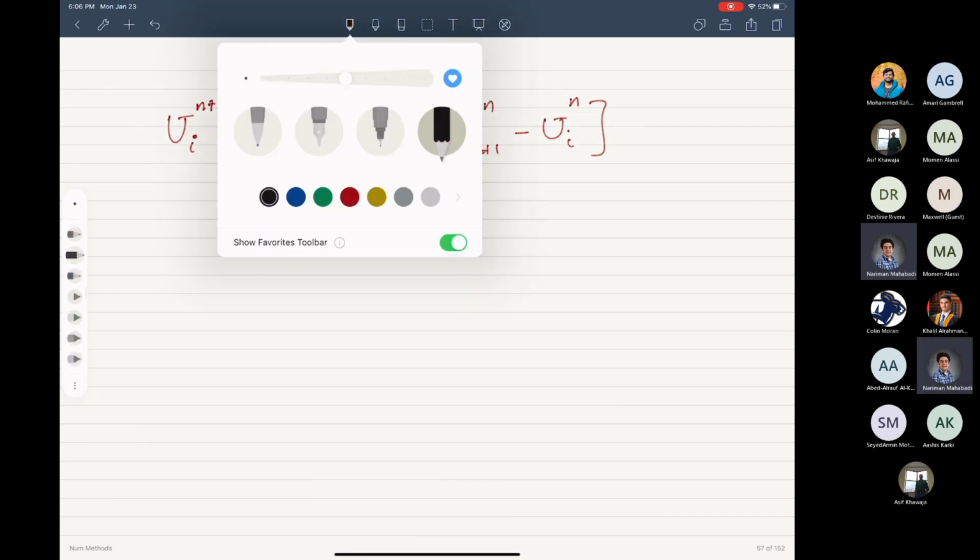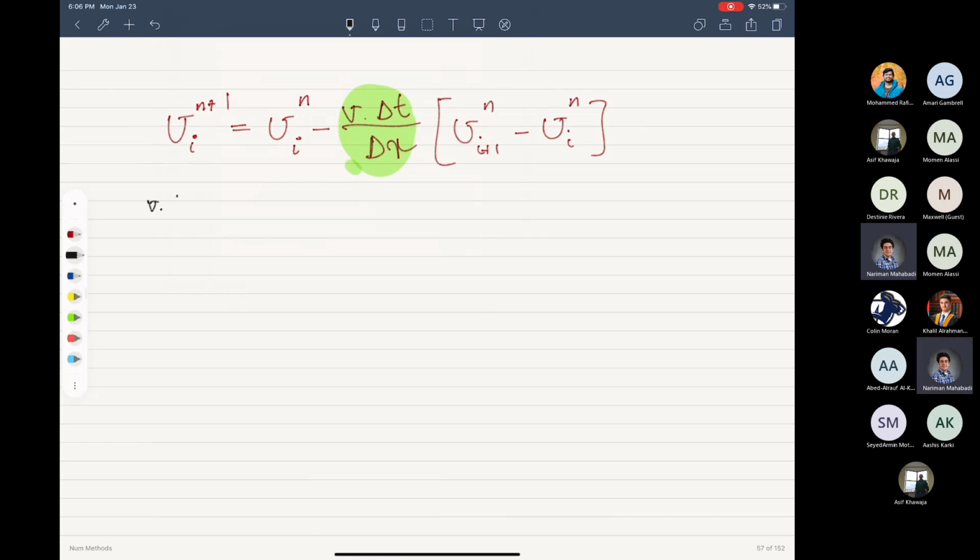So this V delta T over delta X is a constant, depending on what you pick for delta T and delta X, and V in the physics, right? And we call this the amplification factor.